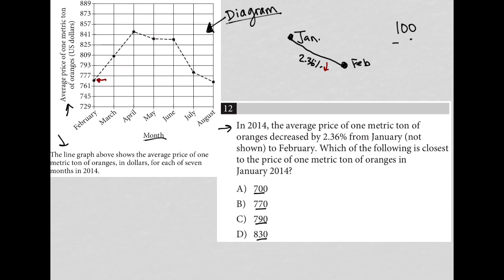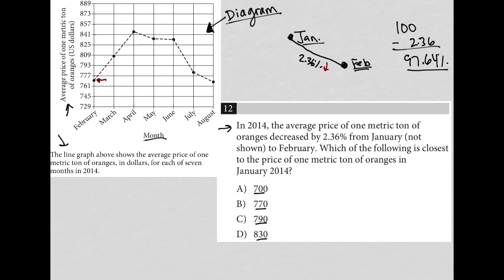I find that by subtracting 2.36 from 100. So I go to my calculator and I find that 100 minus 2.36 is equal to 97.64. So 97.64%. In essence, the February data point is 97.64% of the January data point.